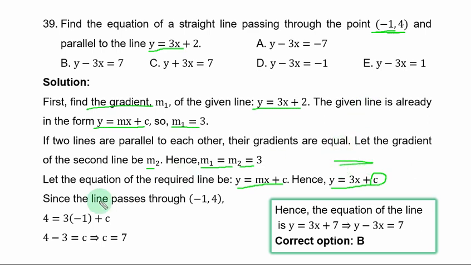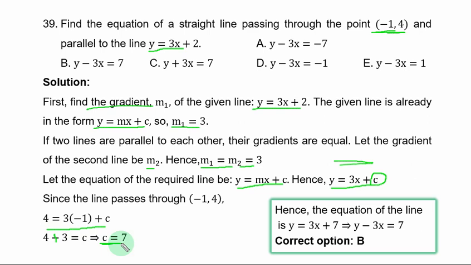So you replace y and x with what they stand for. If you simplify, you have c equal to, here you have 3 times minus 1, that is minus 3. If you transfer it, it becomes plus 3. So if you add, c is equal to 7.